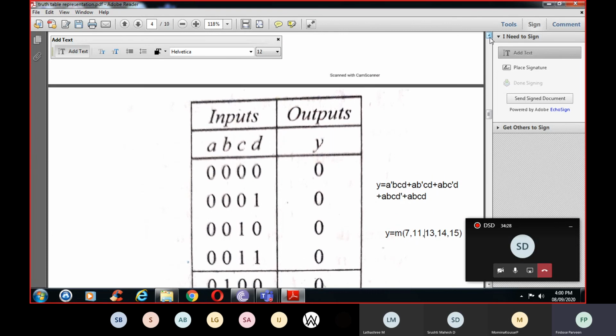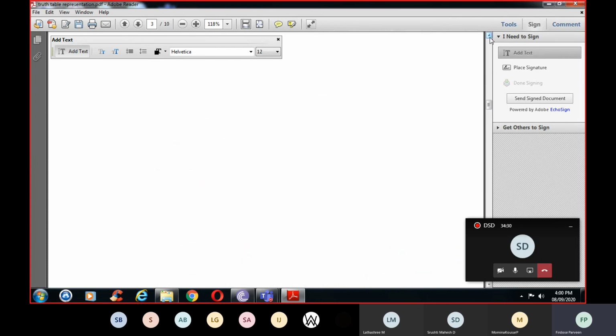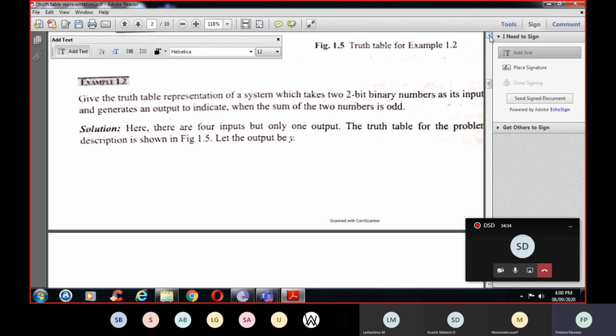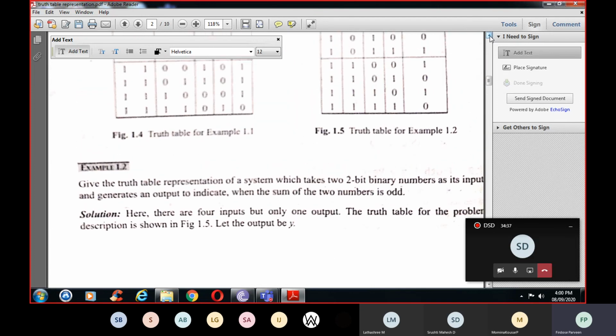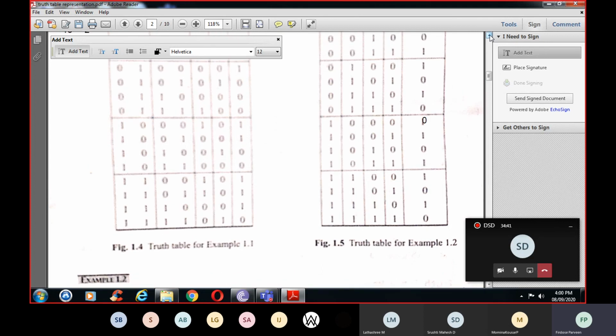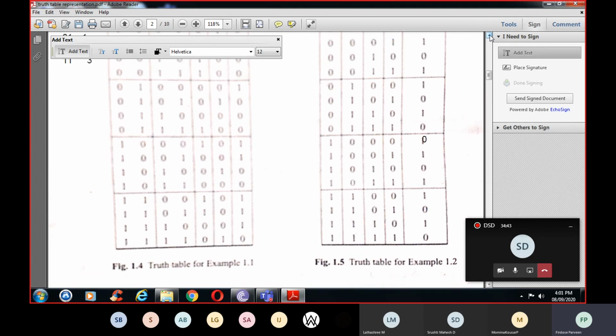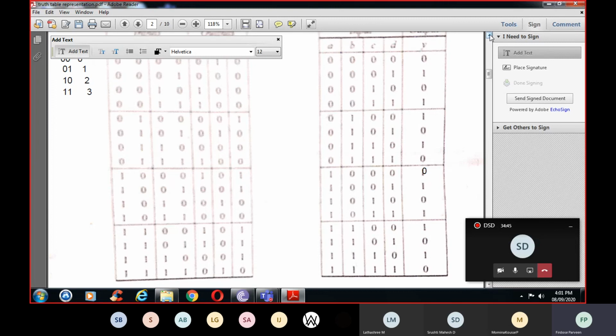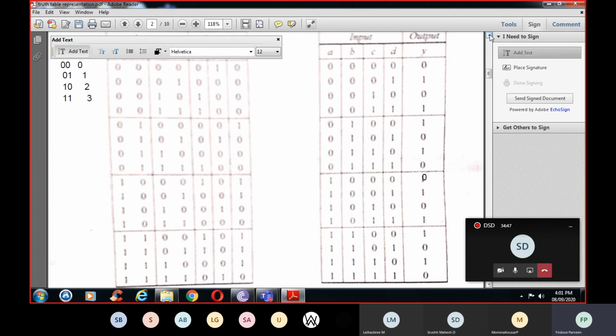So this is the truth table representation. In the same way, for the previous one we have written, there also you can write the decimal notation as well as the expression. Whatever they ask, if they ask you to write the expression, you should be able to write the expression seeing the truth table. Or if they ask you to write the decimal notation, you should be able to write it.